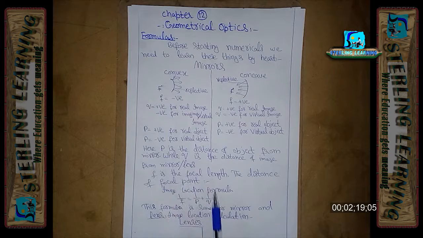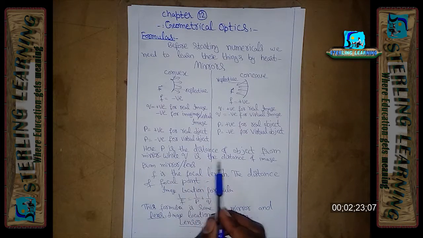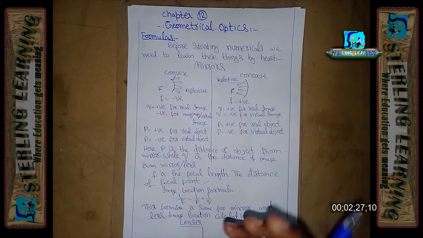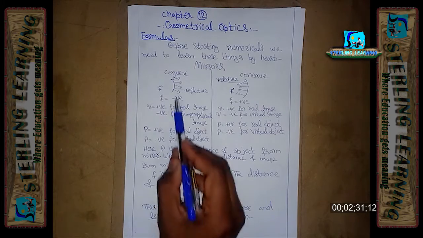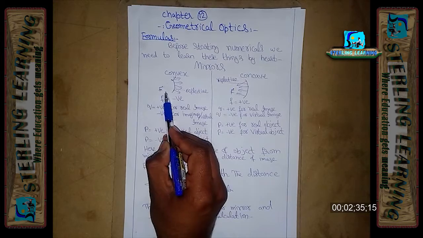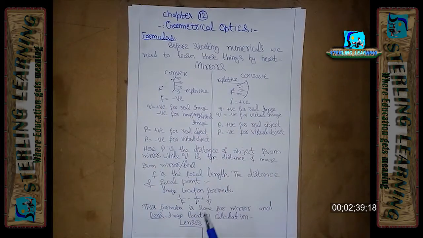Here P is the distance of the object from the mirror, and Q is the distance of the image formed by the mirror. F is the focal length, the distance of the focal point, like I have discussed already. This is positive and this is negative.